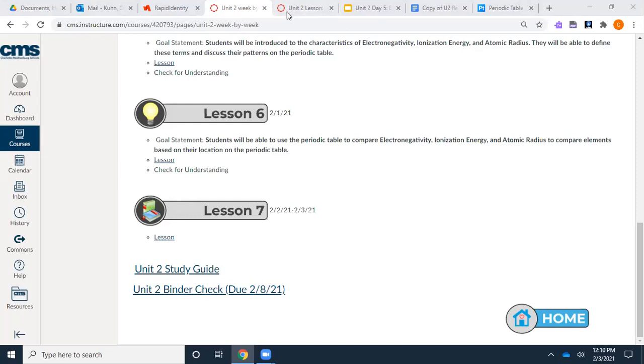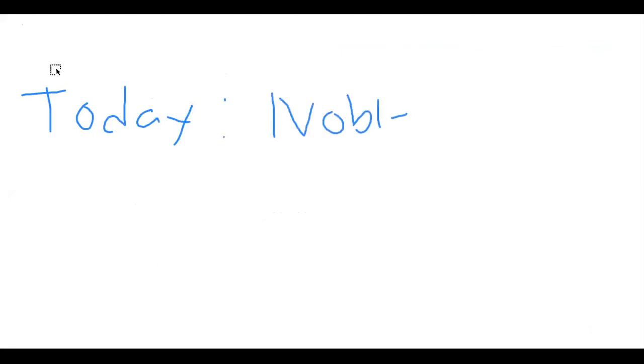So the goal for us is to understand what it is that we're doing and how we have stuff coming up. All right, and so today we are going to be doing noble gas configuration.